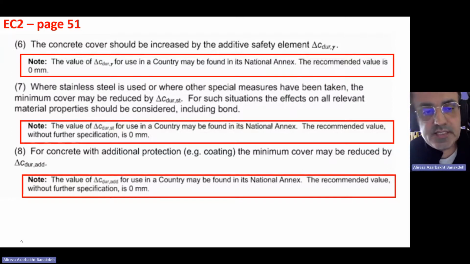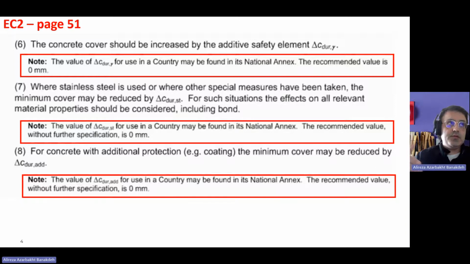However, this recommendation is based on the Eurocode, but it also says that the value of this delta for use in a country may be found in its national annex. So the UK has a national annex. The recommended value without further specification is 0. So if you take it as 0, you're complying with the Eurocode. But just to be more compatible with UK standards, you need to check these three parameters in the national annex.